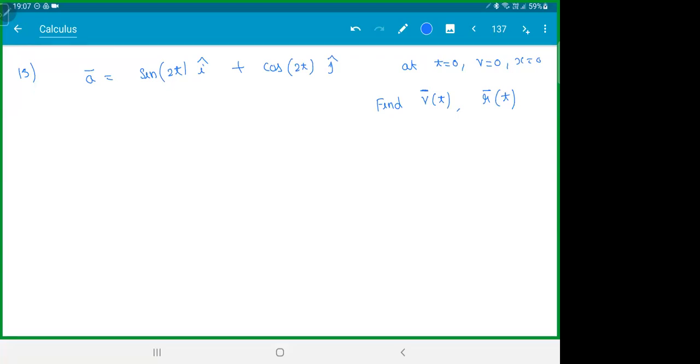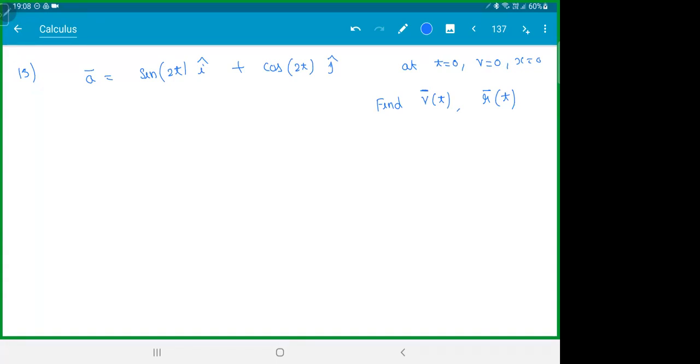Try. 2 minutes, everyone. See your sine 2, no, Adrit.